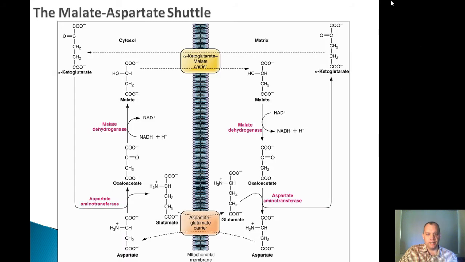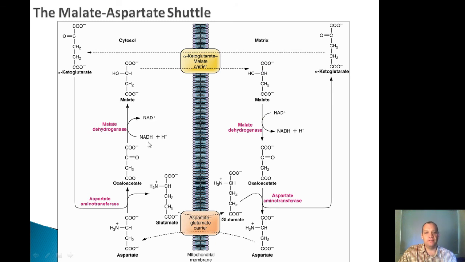So this is what the basic structure looks like. Before we look at the mechanism, we have these antiporters, the alpha-ketoglutarate malate carrier, which allows alpha-ketoglutarate to be carried out of the mitochondrial matrix while allowing malate to be carried into the mitochondrial matrix. We have the aspartate glutamate carrier, which allows glutamate to be carried into the mitochondrial matrix and aspartate to be carried out of the mitochondrial matrix.